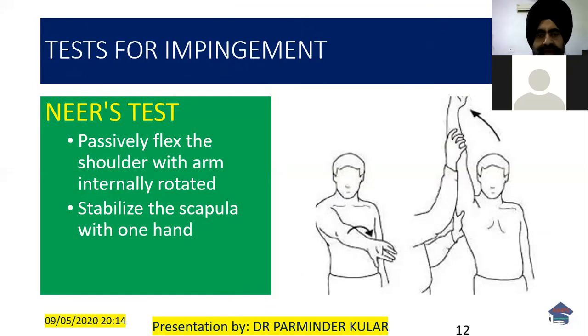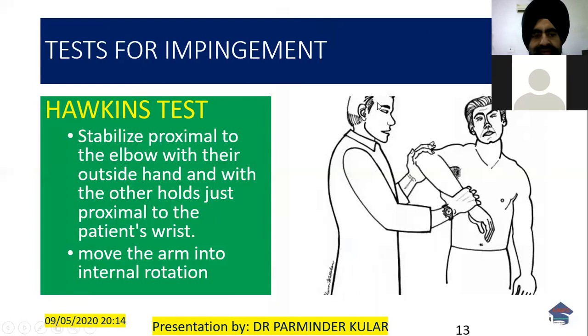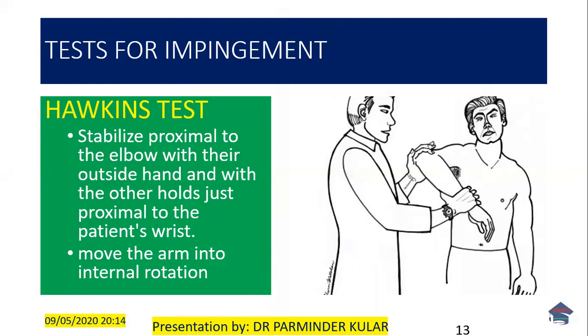Then we come to the next. It is the Hawkins test. So how is it different? It is again a test for impingement. Here the elbow is flexed, the shoulder is slightly abducted and the forearm is pronated, and with the other hand the lower arm just above the elbow is supported, and we try to move the arm into internal rotation.